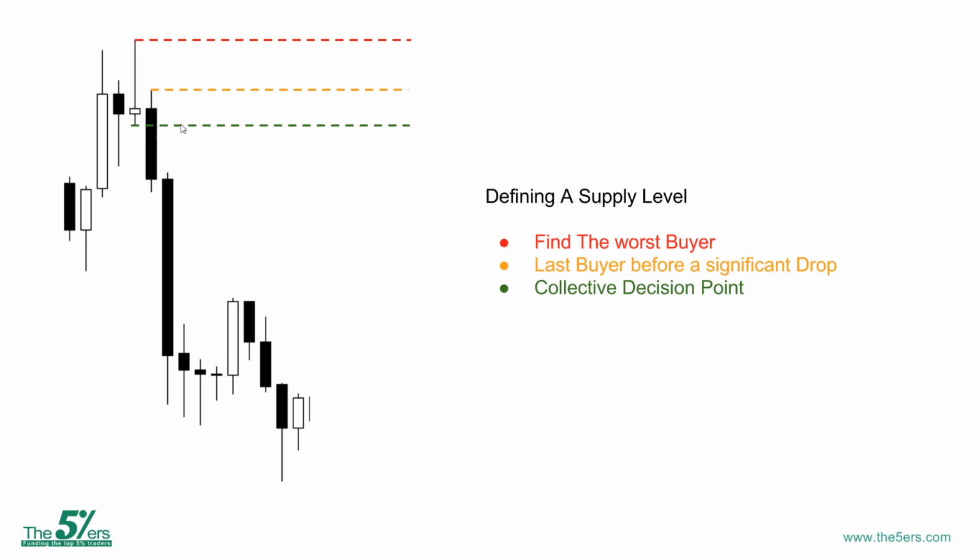So that would be the decision point, and our supply zone to sell the commodity, the equity, would be from this low to this top. If price visits this area again, then we can make a wise decision to sell the equity.